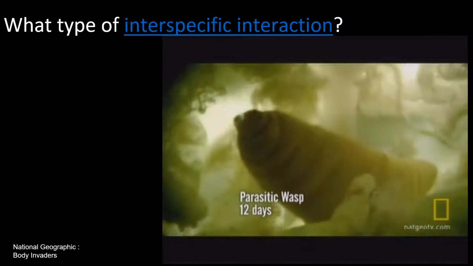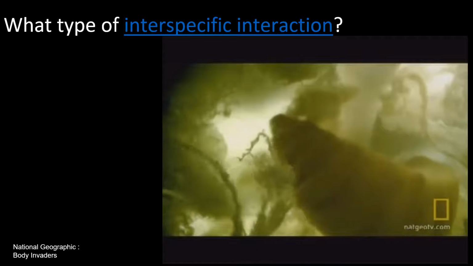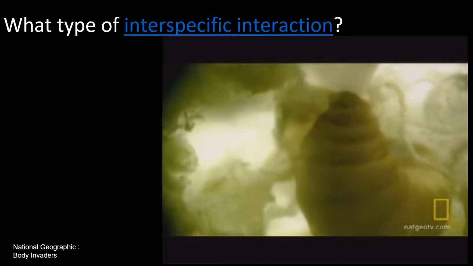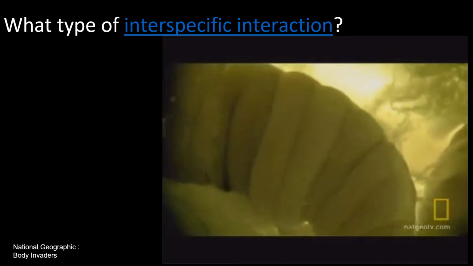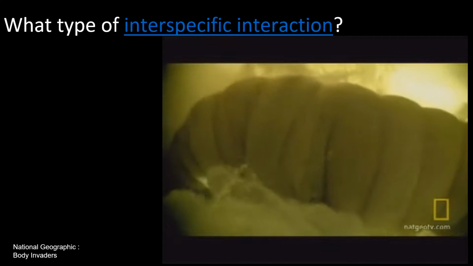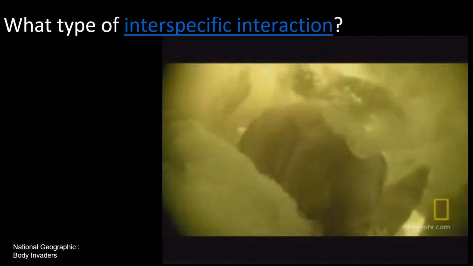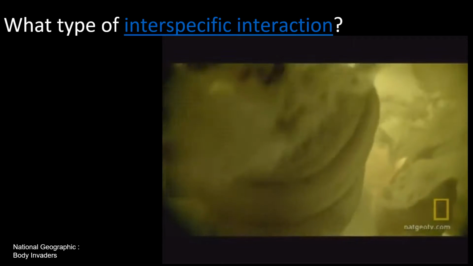Each is the size of a grain of rice, but together they account for over a third of the caterpillar's weight. The larvae have not yet finished growing and need to keep their host alive. So although they feast on the caterpillar's blood, they have been careful not to touch a single one of its vital organs.